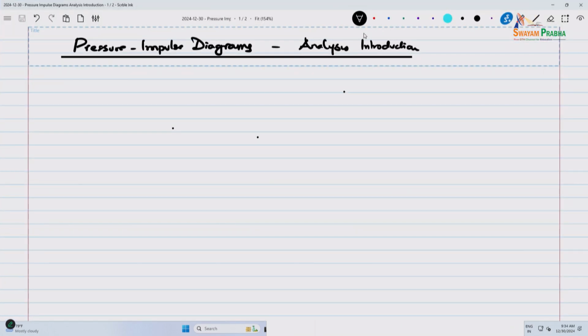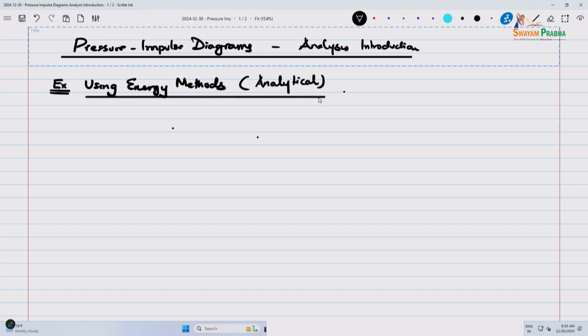We'll start with that. So let's say this is an example using energy methods. And these are analytical expressions. I'm presenting a lot of analytical expressions because those are always what gives us some answers if we do advanced finite element analysis.